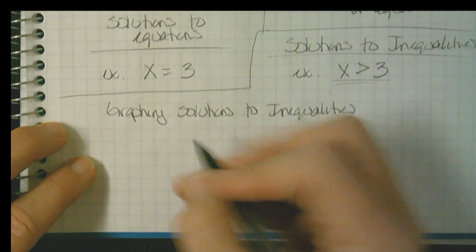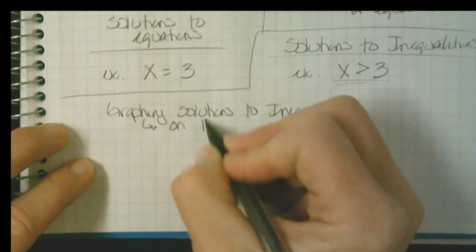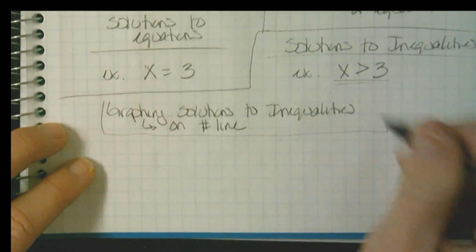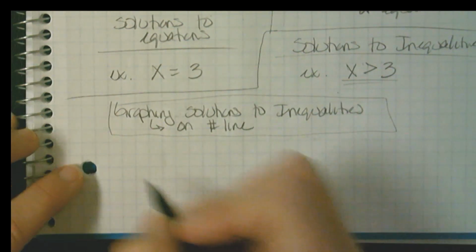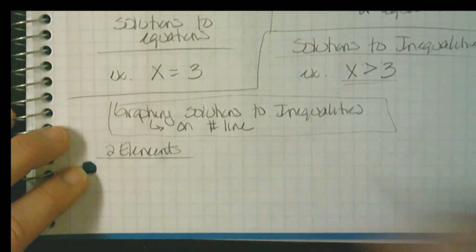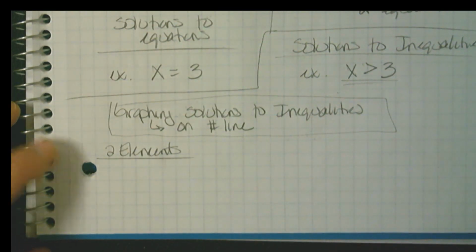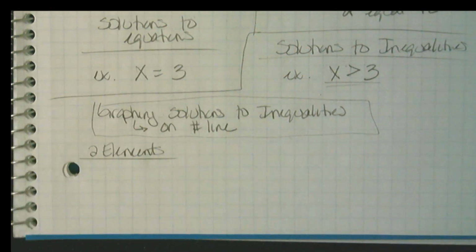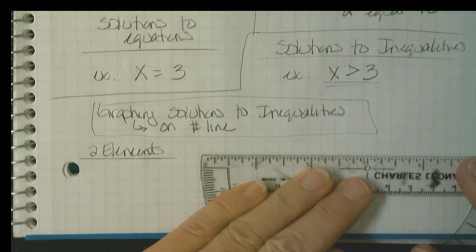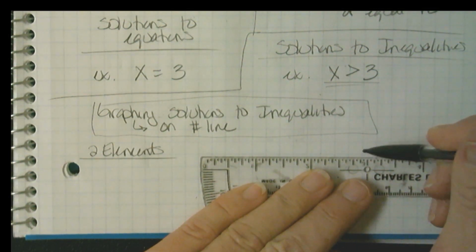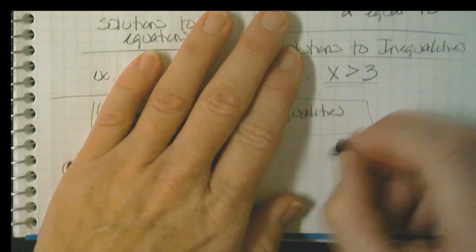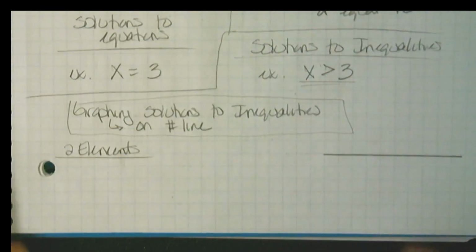First of all, it's going to be on a number line. And there are 2 elements that go with our graphing. I'm going to do my graph over here, and I'm going to give you a description of what those 2 are. So give yourself some space. Maybe do the graph kind of off to the side.